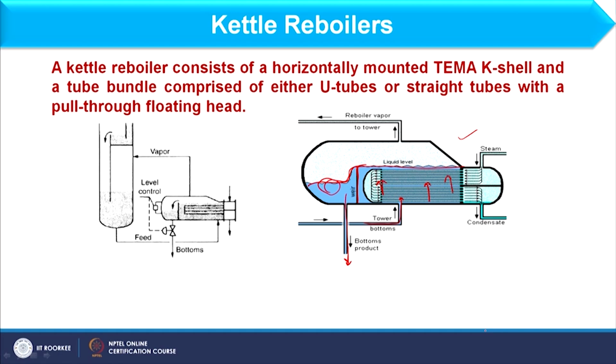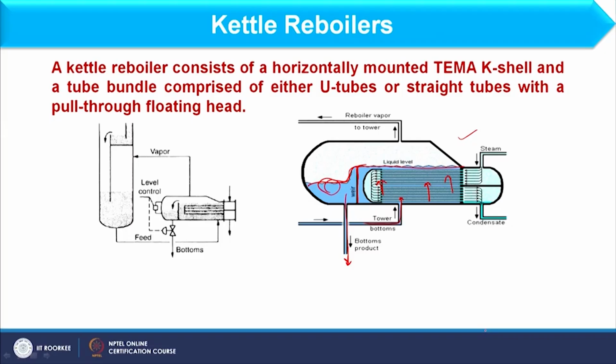So, the purpose of baffles in a kettle reboiler is different, because they are only used to support the tubes, otherwise tubes may have vibrations, which is not allowed during the operation. So, baffles are specifically used here as support plates, okay, and in this type of reboiler baffles do not have any cut, okay.